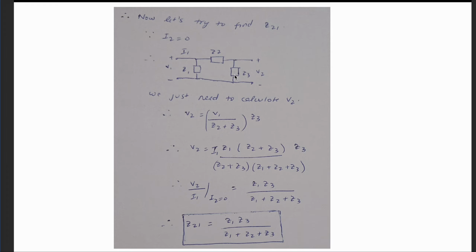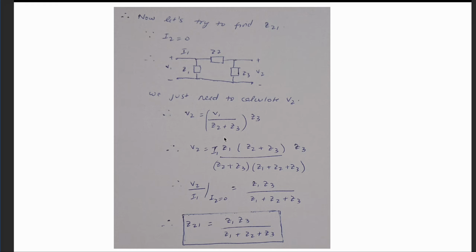So the current in this section is V1 upon Z2 plus Z3. Now in order to calculate the voltage drop, V is equal to IR, right? You know the current in this section, and you multiply it by Z3, and that will be your V2, right?